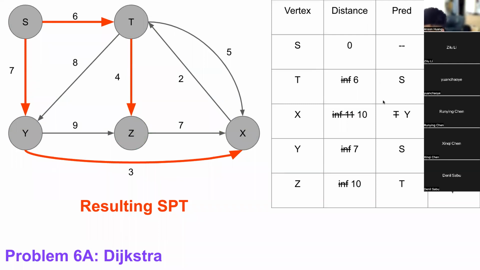If the node is already processed, why do we still need to compare that path? So if the node is already processed, you don't need to compare that path. The reason is that if it's processed, there's not going to be any possible shorter path to that node than what you currently have written down as processed.